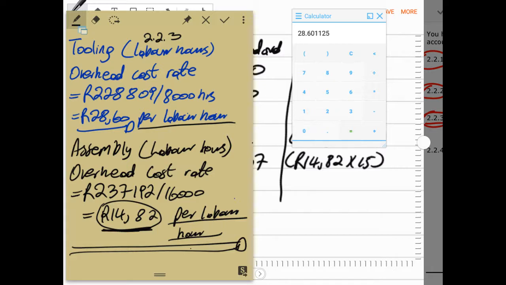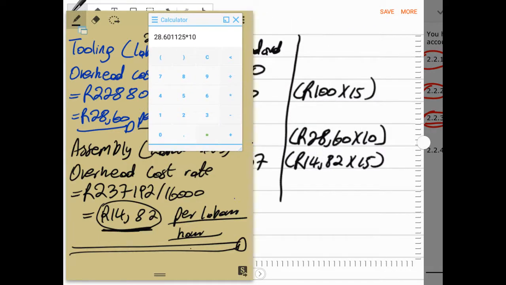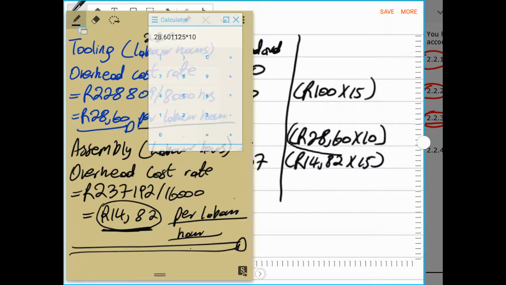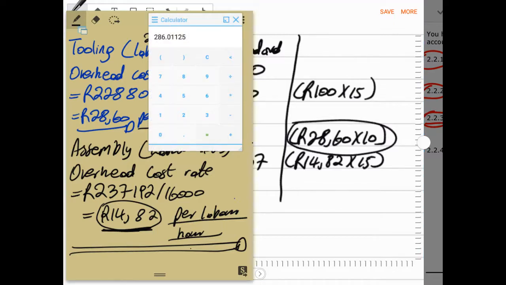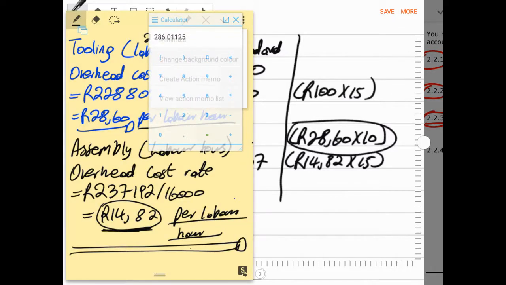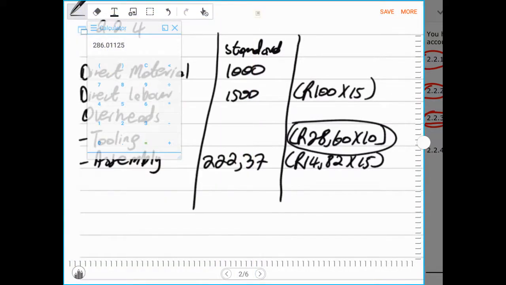That gave us the rate, and we multiply the rate by 10, which is what we are doing here now. That gives us 286.01.